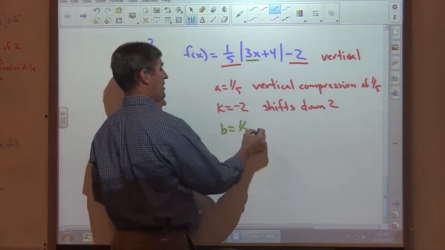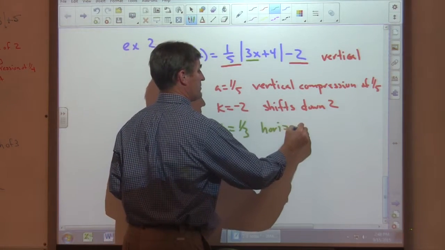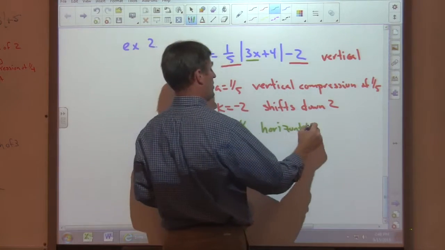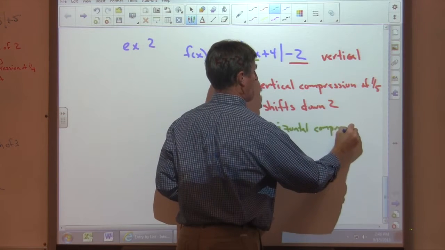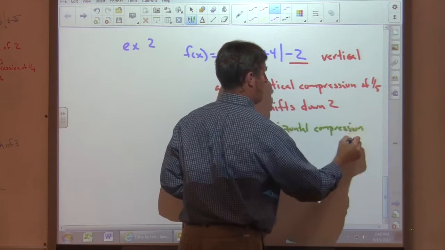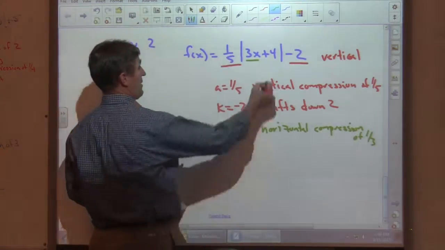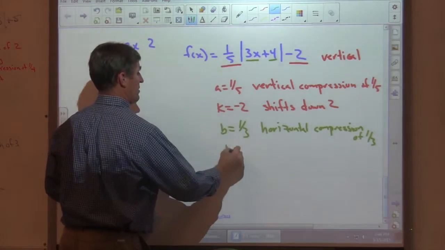That is less than 1. Inside is horizontal. And so that would be a horizontal compression of 1/3.